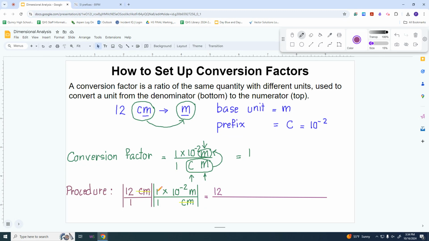The next one is 1, okay? Anything multiplied by 1 will be the same, so you do not have to write it. If you write it, it's okay, but you don't have to. Multiply by 10 to the negative 2, okay? You did not cancel it, so you have to put it down, 10 to the negative 2. And you have the unit meter on the top.